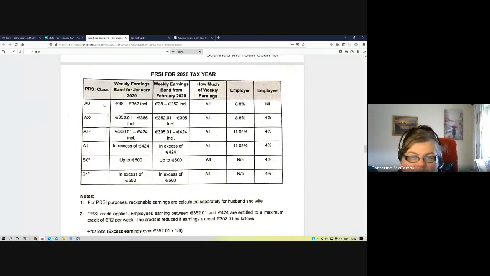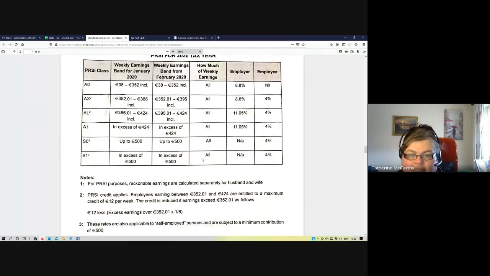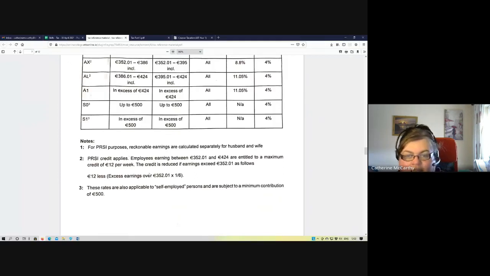So why we need to know these for weekly is because there's this other extra thing, which is called a PRSI credit. So if you look at note number 2 here, a PRSI credit applies for an employee earning between €352.01 and €424. They get a maximum credit of €12 each week.